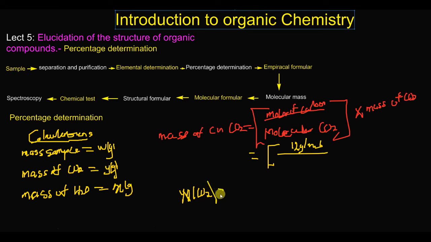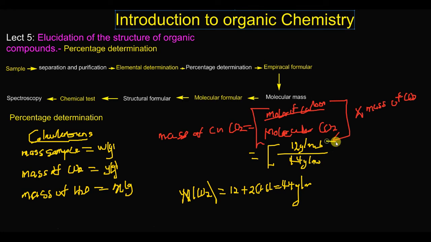Carbon is 12, one carbon is 12, and then there are two oxygens. Each oxygen carries a mass of 16, and so we are going to get 44 grams per mole. So the molar mass for carbon dioxide is 44 grams per mole.